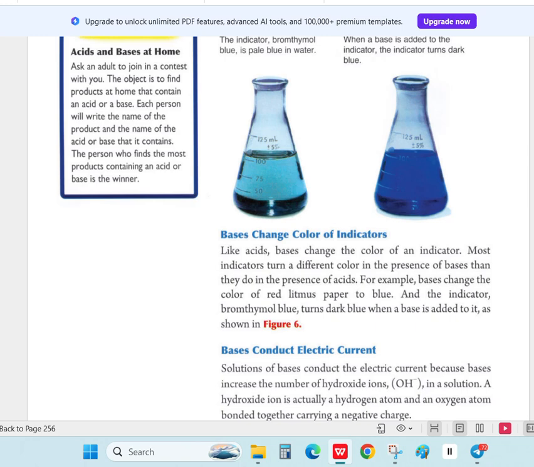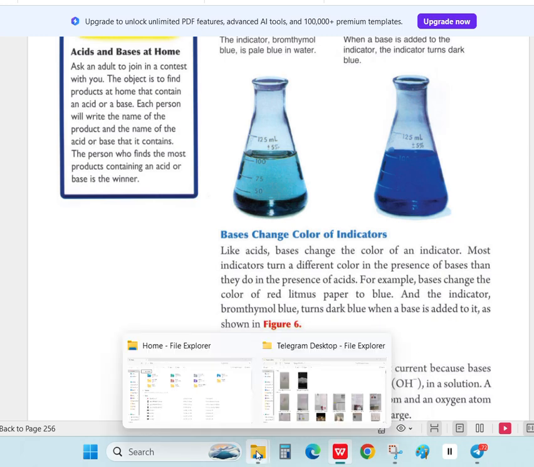The other method is using litmus paper, a piece of chemical paper that can indicate base or acid. If the color of the paper changes to blue, the solution is base. If the color changes to red, the solution is acid.